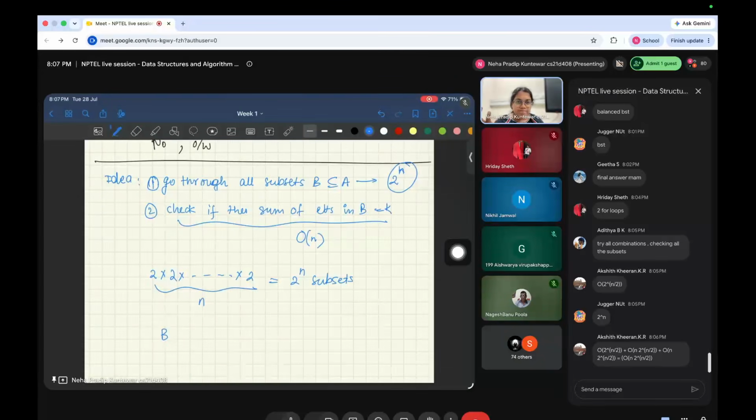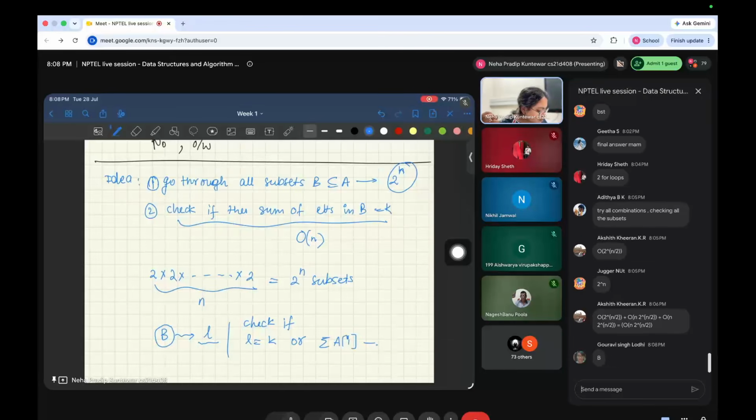Let's say B is a subset that I'm looking at, and the sum of elements in it is L. So I can just check whether this sum is equal to k, or what I can do is check if this sum is equal to the sum of all the elements in A minus k.